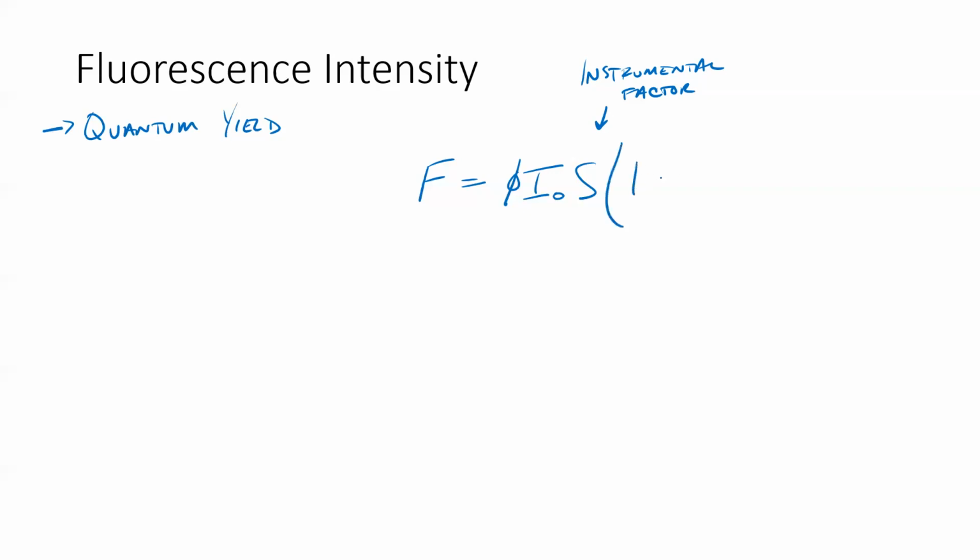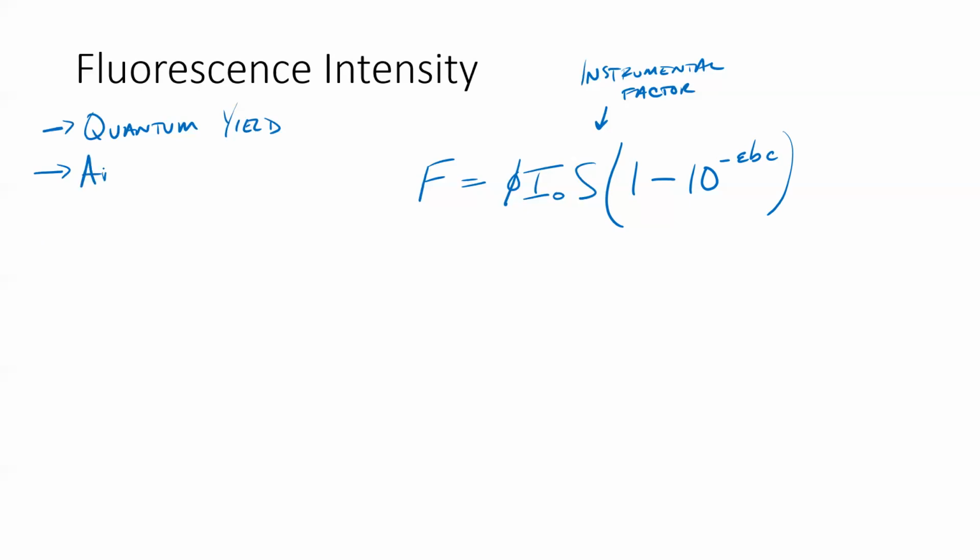And then 1 minus 10 to the negative epsilon b c. That looks familiar to us, right? That's Beer's law. And so it depends on the quantum yield, how much we get out.